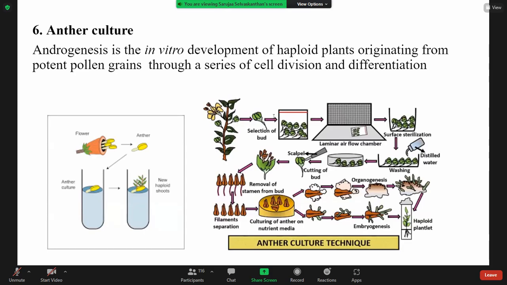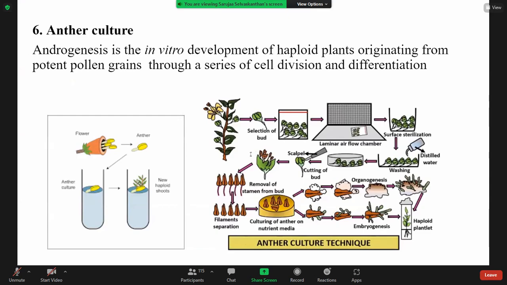Here, this is the plant. We have to select the bud, take the anthers and sterilize them, and after sterilization, wash them. We cut the bud using a scalpel and take the anthers.